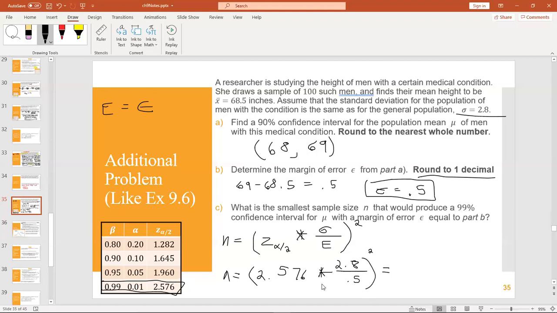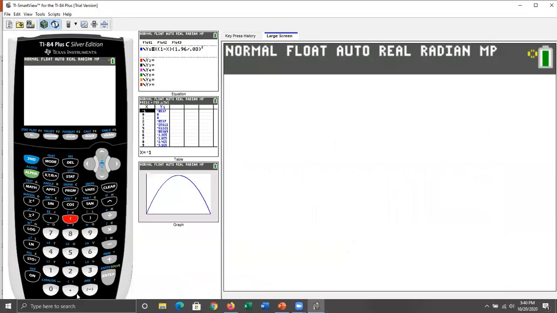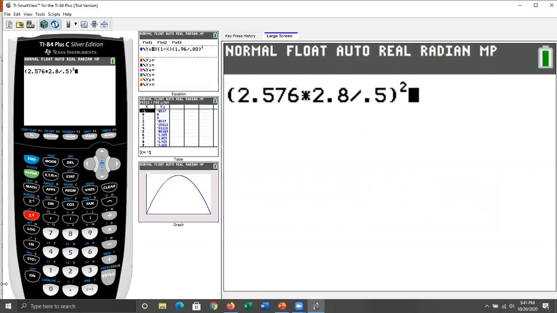So let's find out what that is. We're going to do 2.576 times 2.8 divided by 0.5, and you're going to take that and square it.